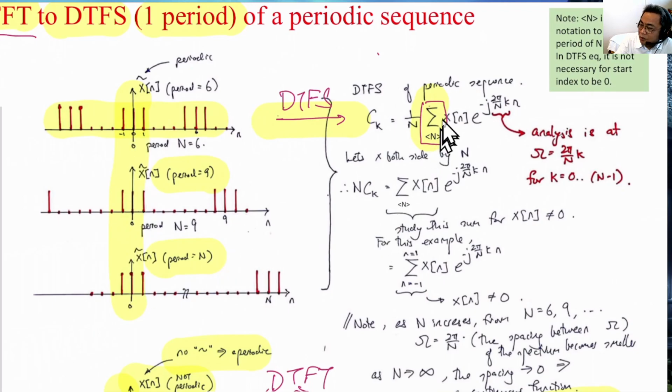So this notation of bracket N is a better representation for us to understand this DTFS equation. We should take the appropriate N samples such that in this example, it clearly shows that there is no change even though N goes to infinity because only zeros are padded.